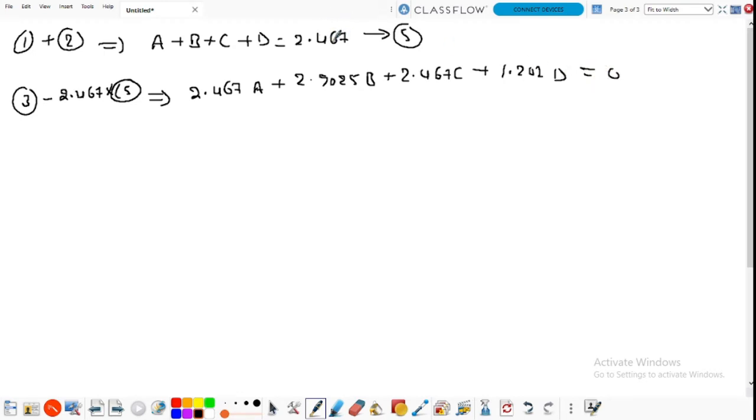Multiplying equation number 5 with 2.467, we get 2.467a plus 2.467b plus 2.467c plus 2.467d is equal to 2.467 into 2.467, which is 6.086.